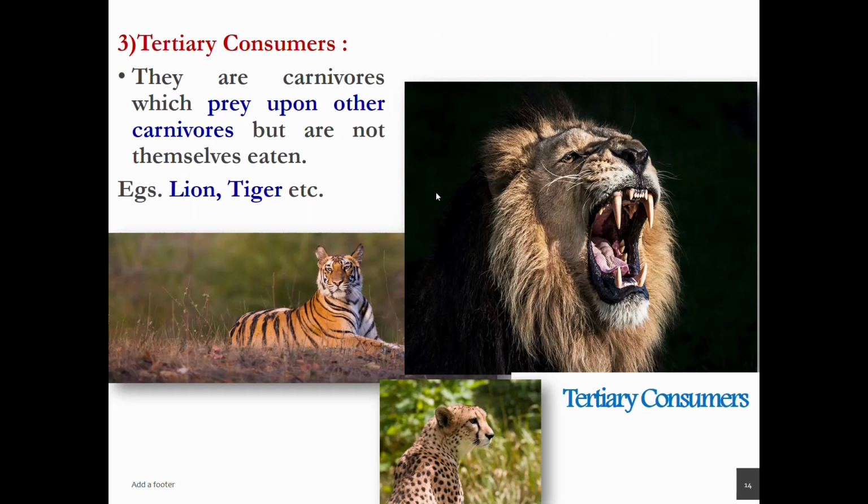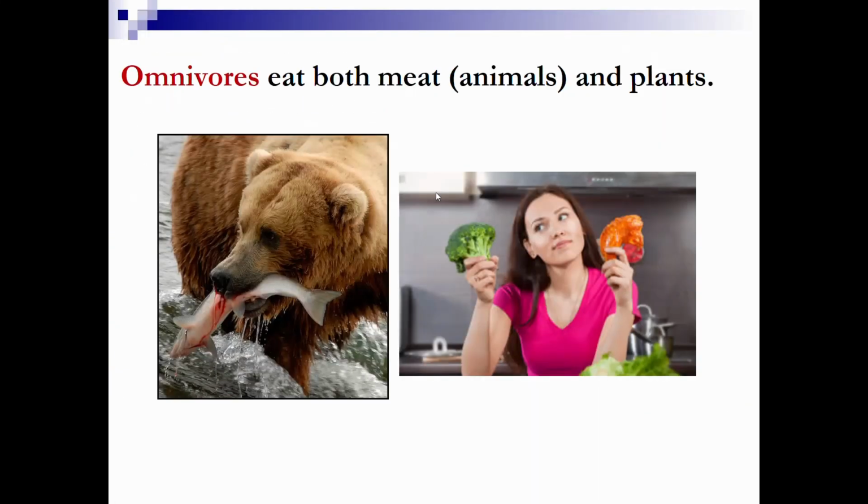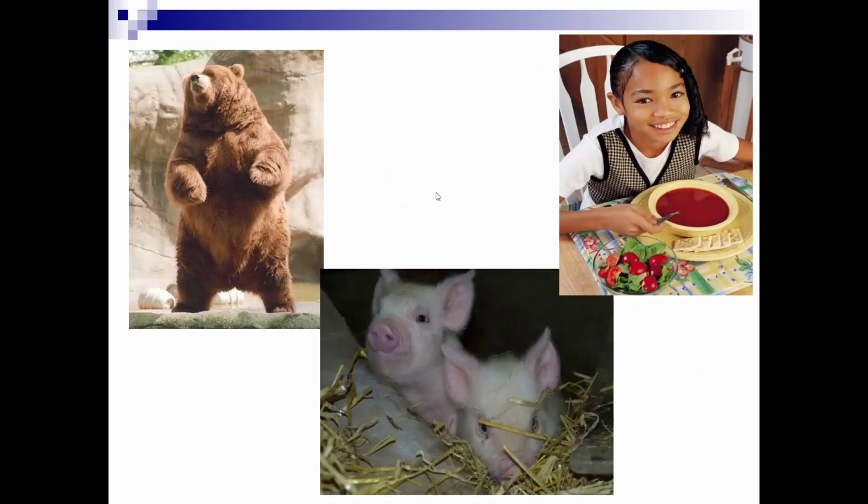These animals normally eat other small-sized carnivores. Then omnivores: omnivores eat both meat and plants. That is why they are classified under omnivores. These are some of the examples of omnivores.